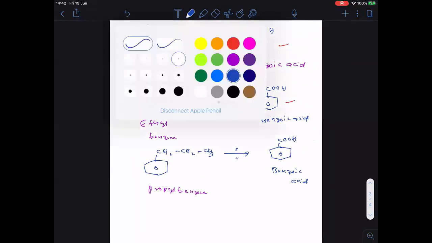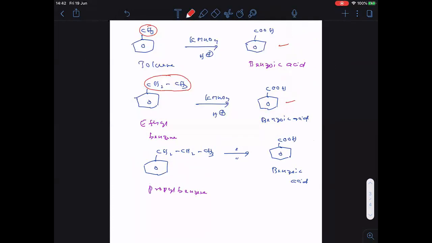In the first one, as I told you, one carbon is there. In the second one, two carbons are there. In the third one, three carbons are there. But again, we got benzoic acid only. So irrespective of the number of carbon atoms in alkyl benzene, on oxidation it always gives benzoic acid only.